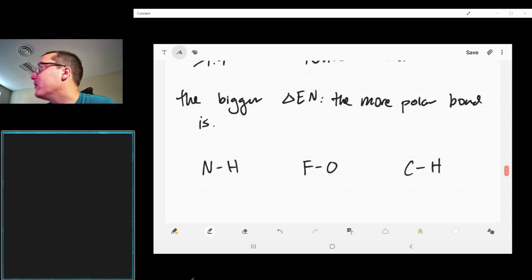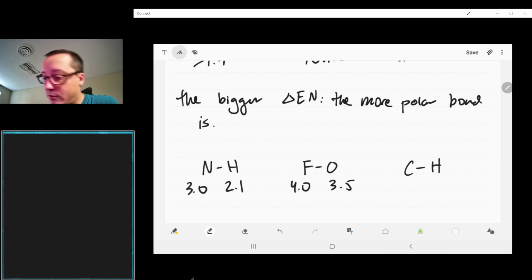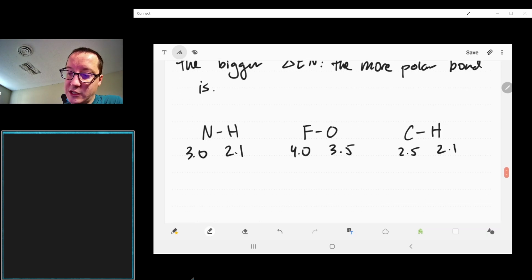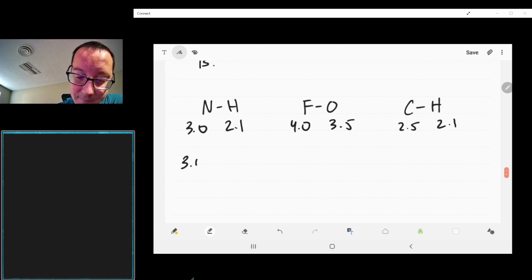So if we look at that table I've given you guys, we can write these out. And then carbon 2.5, hydrogen 2.1. Okay. So if we look at the change of electronegativity, it doesn't matter which one you do. Just take the absolute value of it, whichever one you're subtracting. It doesn't really matter.